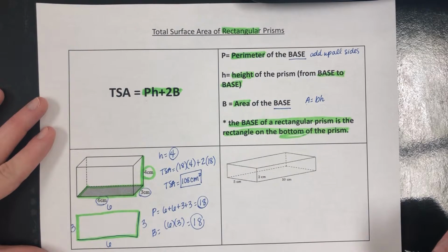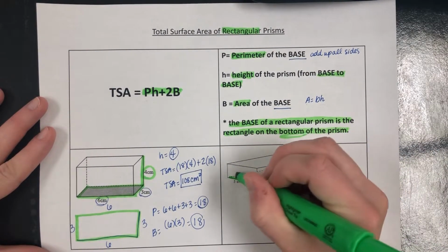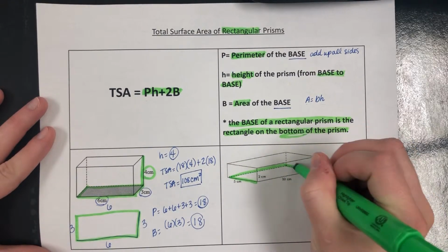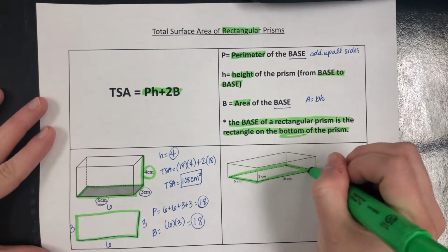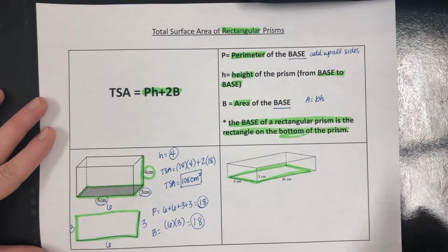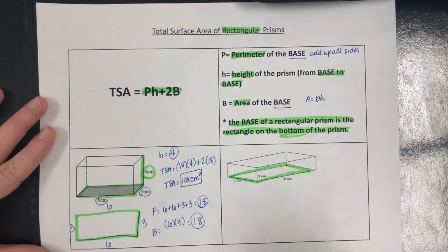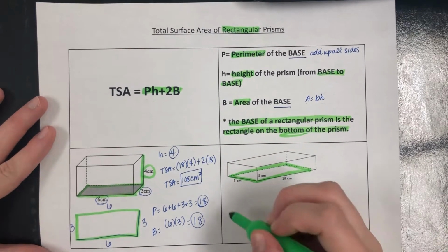Okay, let's do another example. Here's another rectangular prism, and we need to find the total surface area. I'm going to highlight the bottom rectangle that is the base of the shape, and then I'm going to redraw it.